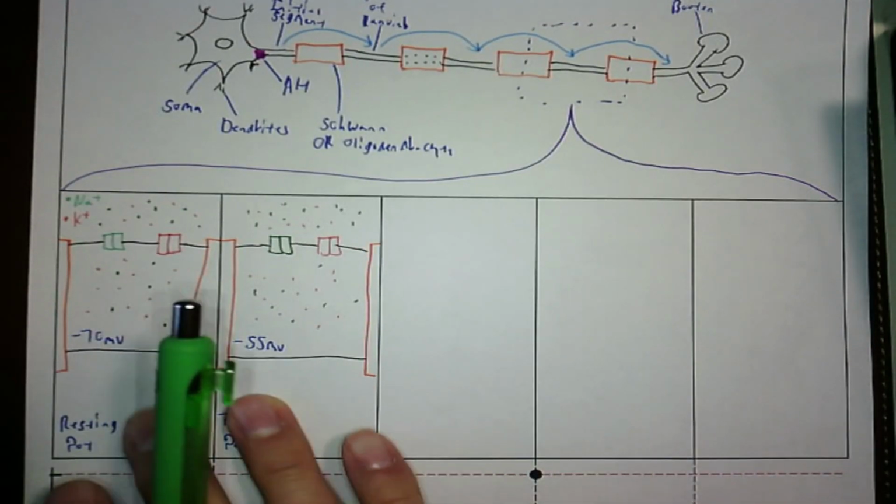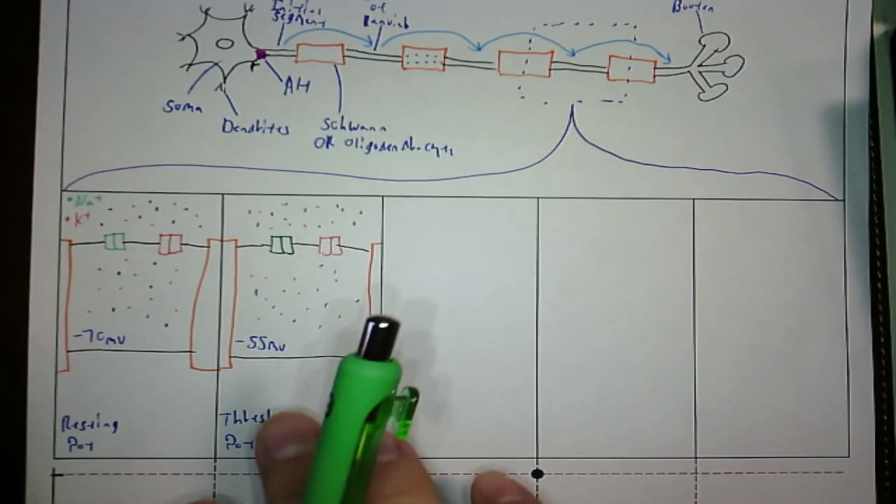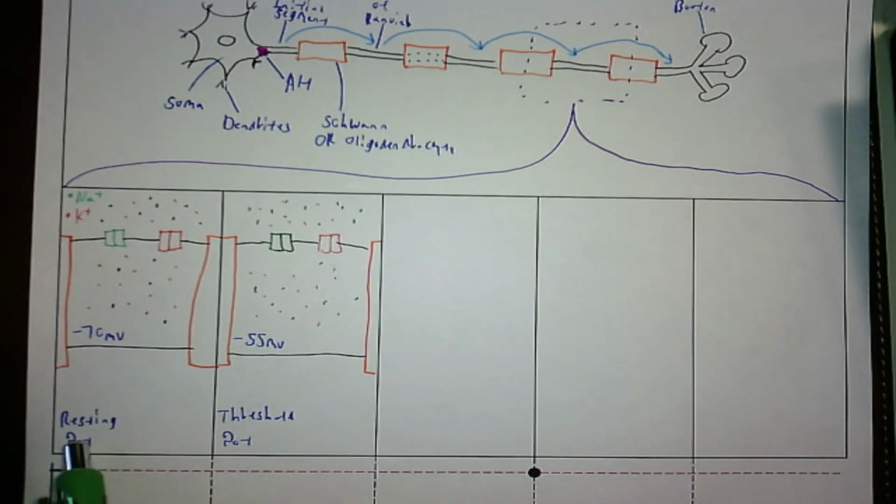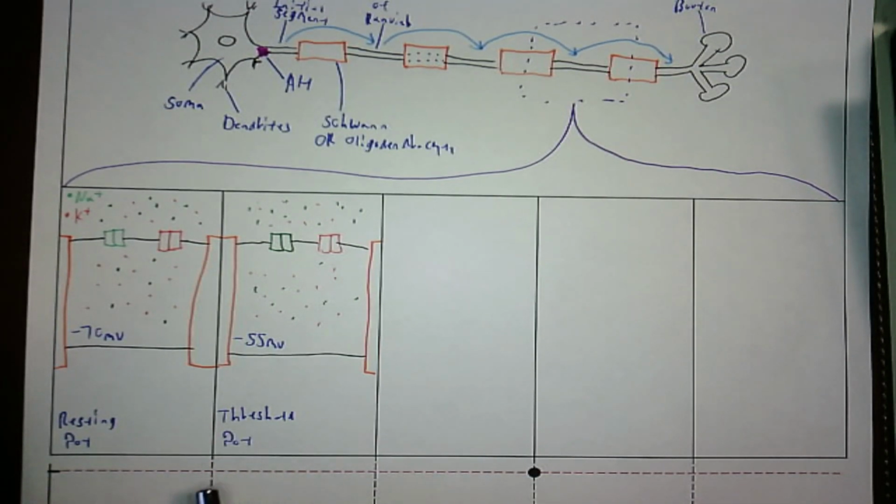Again, drawing it like this in a panel allows us to use elaboration to compare the ideas and concepts of resting potential directly with threshold potential. All right, let's go to the next panel.